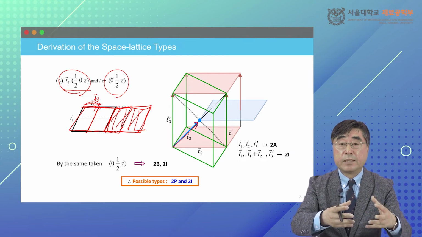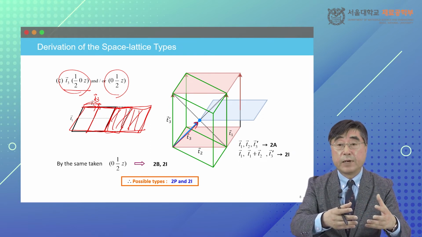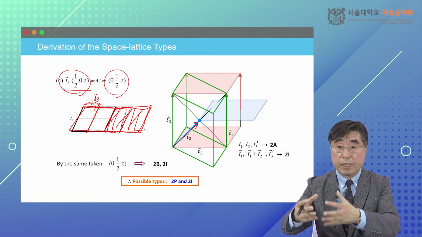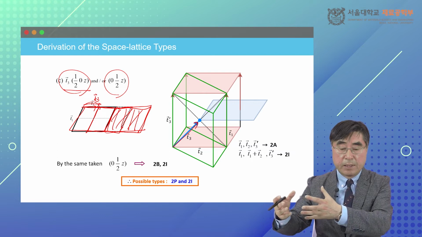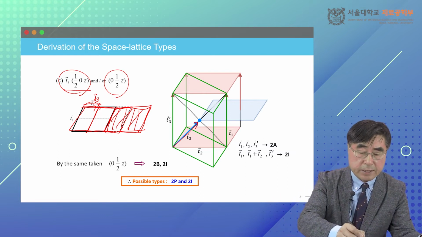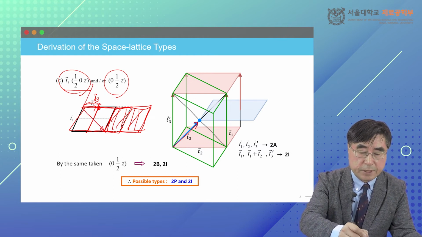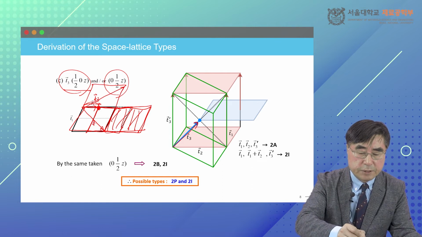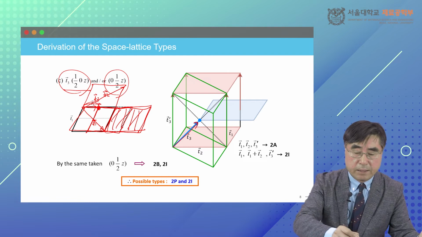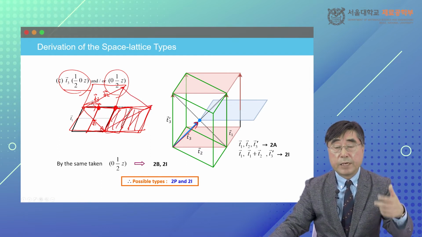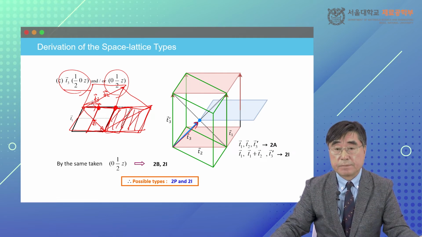But in this case, I may say that I can define 2B as a B-face-centered monoclinic Bravais lattice. There are extra lattice points in here, but if I define the unit cell like this, for instance, with this T1 vector and this T2 vector, then basically this extra lattice point again locates at the body center position.